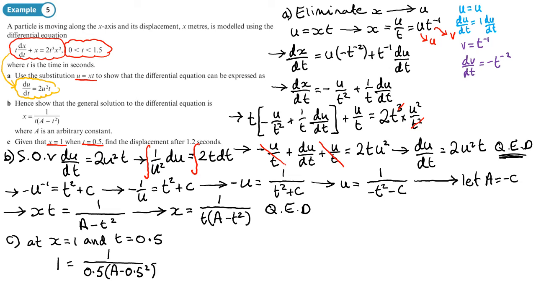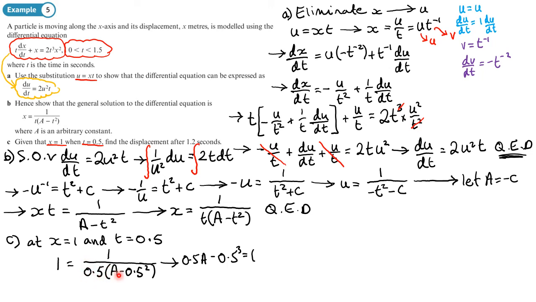So we're just going to work that out to calculate what a is. So that's 0.5a, I'm going to multiply the brackets, minus 0.5 cubed equals 1. So all I've done is just rearranged it, multiplied out the bracket.